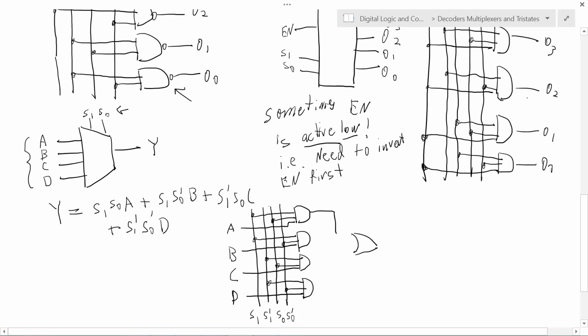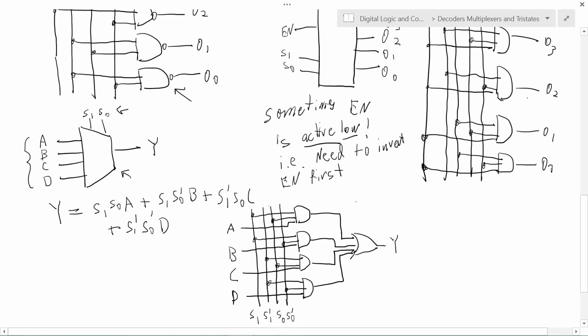Now we can OR all of these AND terms together. This gives us the output of our multiplexer. Very straightforward implementation of this multiplexer, a MUX4. Label Y.